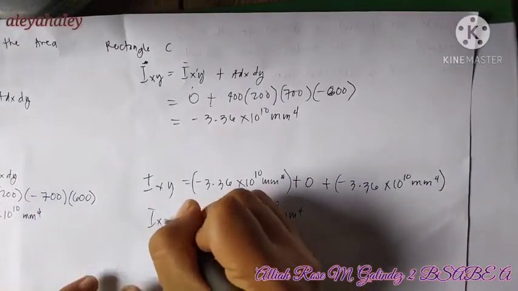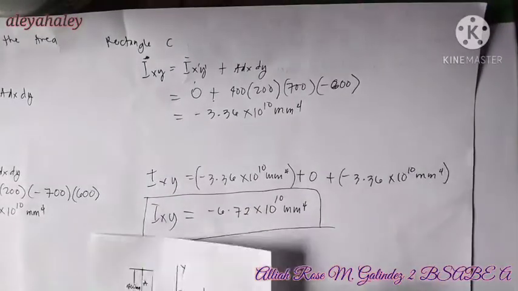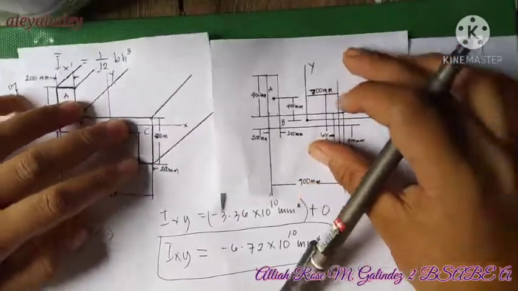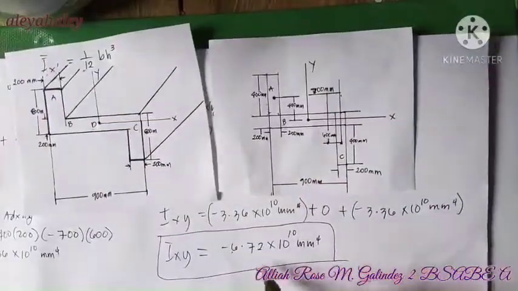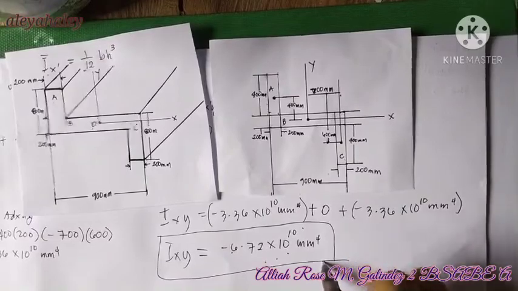So we have our product of inertia for this problem as negative 6.72 times 10 raised to the power of 10 millimeter to the fourth.